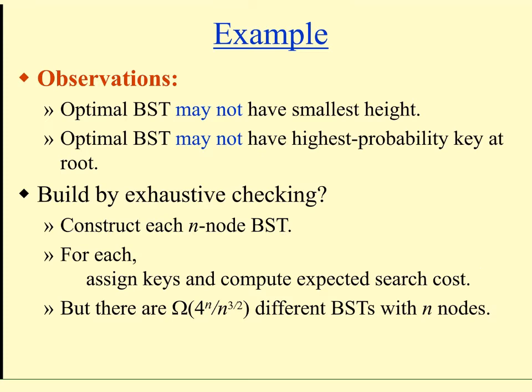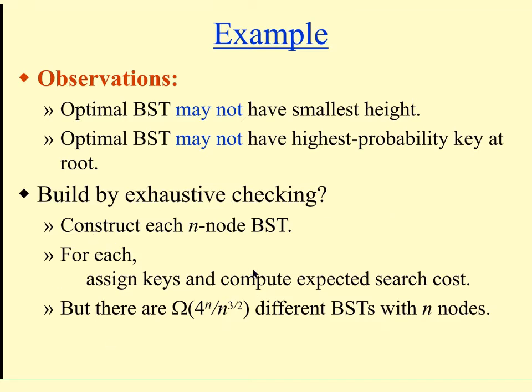So the next question is how can we find this optimal BST? We mentioned before, if you don't have a solution, you may consider exhaustive search. Of course, that will be the last method for you to solve a problem. Here we are talking about dynamic programming, so of course we want to use dynamic programming, but here we just give the example.